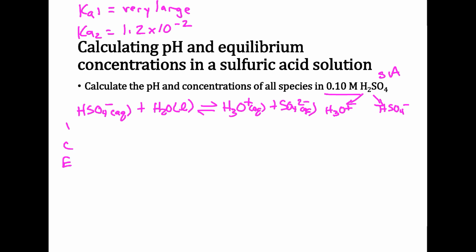And plug in our initial concentrations. So again, recall for HSO4 minus, it's the same concentration as H2SO4 because Ka1 was very large. Same thing for hydronium. And then we'll end up here with 0 for the sulfate ion. So we'll have minus x, plus x, plus x.